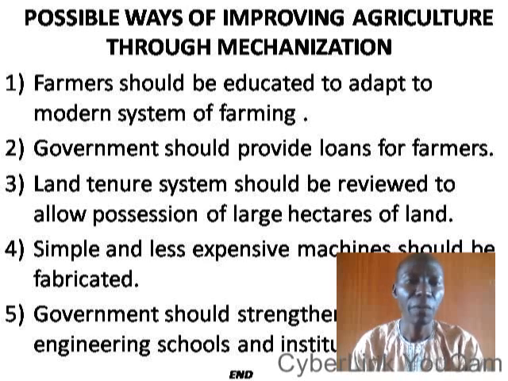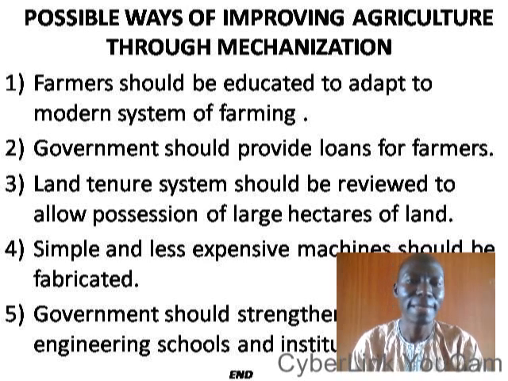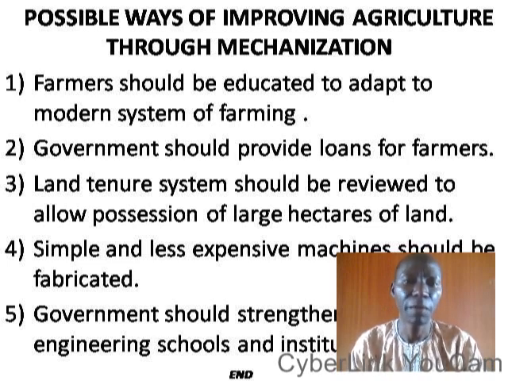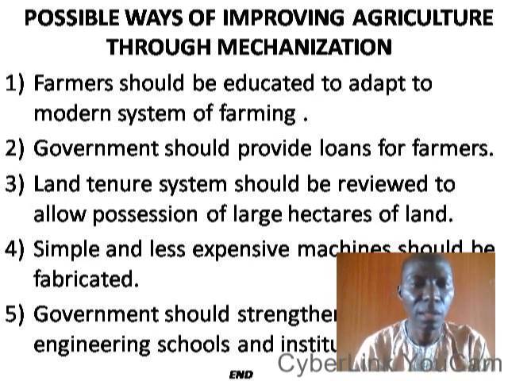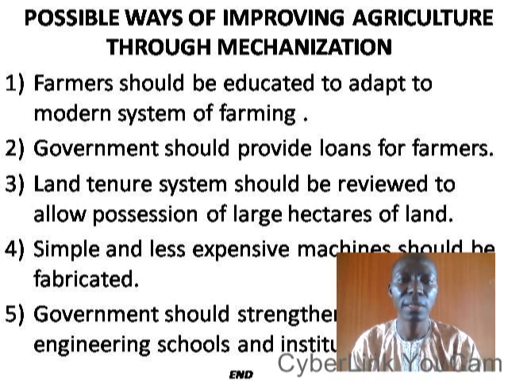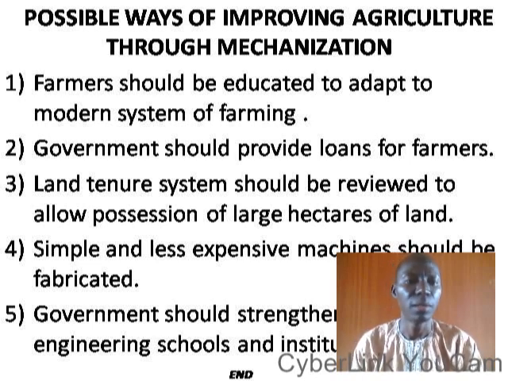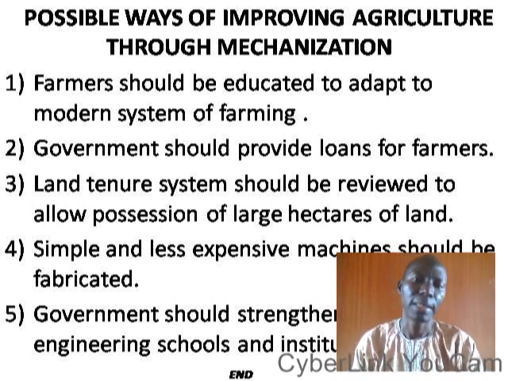One is that farmers should be educated to adapt to the modern system of farming, and for this education of the farmers to be carried out, the services of agricultural extension workers are needed because they are in between the government and the farmer. They relay information.